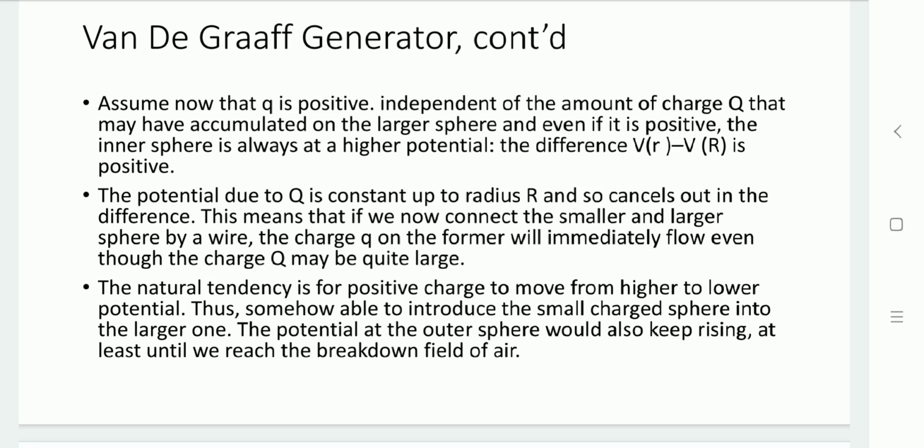That's why the inner sphere always has the larger potential, and the potential at the outer sphere keeps rising until we reach the background field of air.